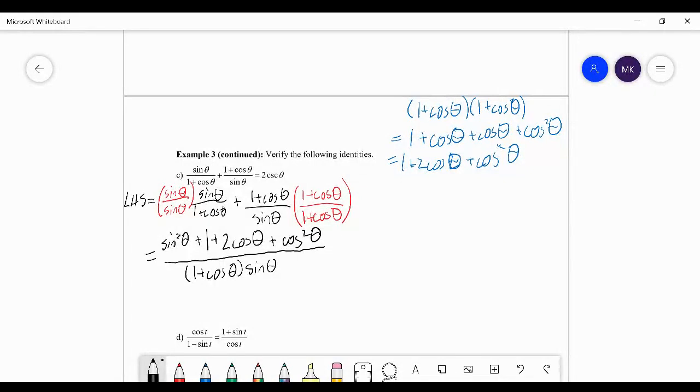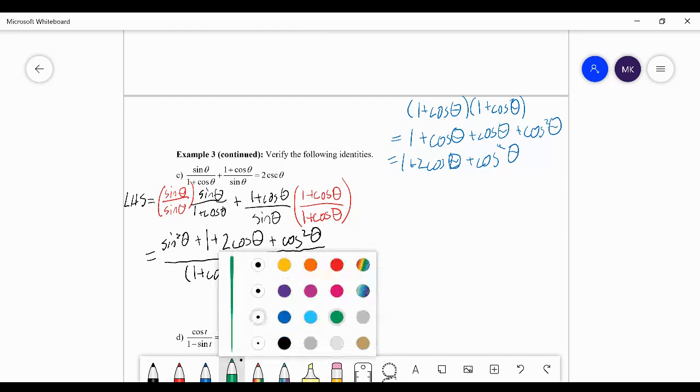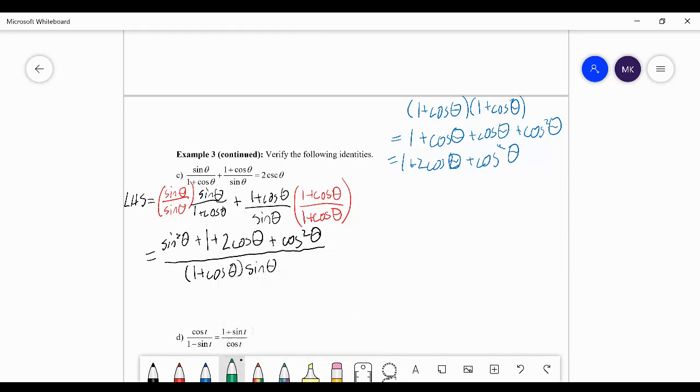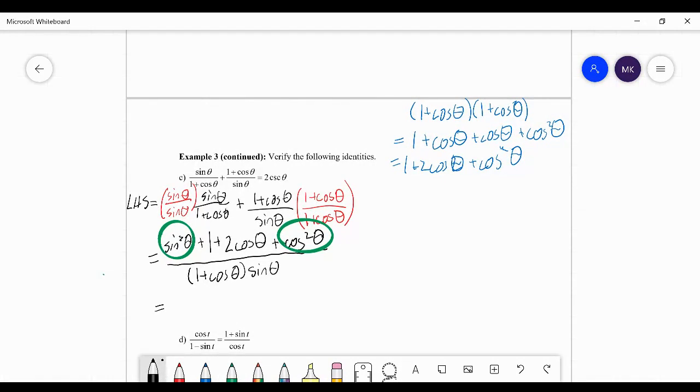Okay. If I look at this guy here and this guy here, I have sine squared theta plus cosine squared theta. That equals 1. Squeeze it in here.